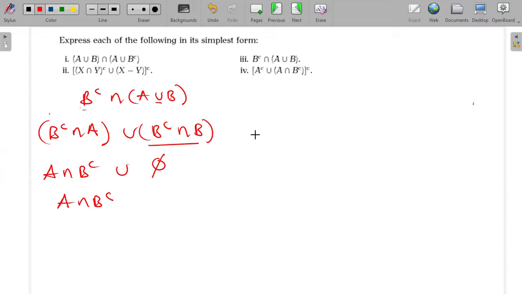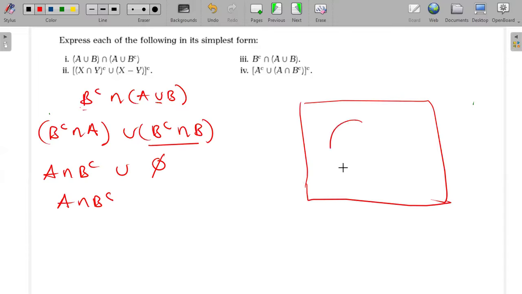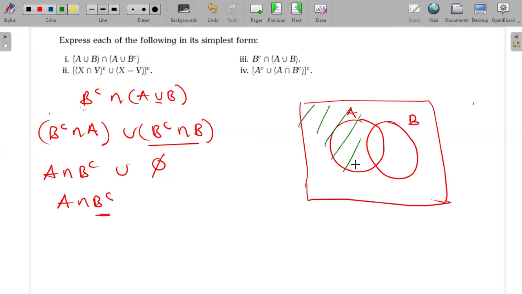That's what you're going to get. So if we draw this on a Venn diagram, you have your set A there, and set B, like that. So B complement is everything outside B, but is in the universal set. So those are going to be those elements like that. So that is my B complement.